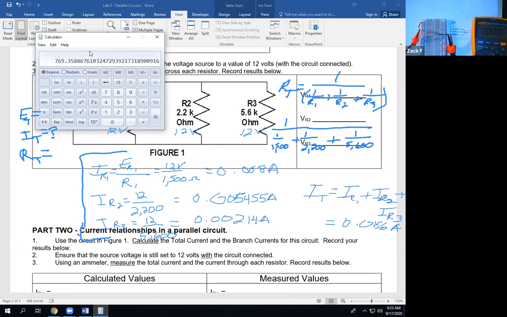That's not right. That's what I got as well. 769 ohms, and it's less than the least value resistor. Okay, that's right. It is right. I'm thinking we need milli ohms. Never mind. I'm sorry. I'm off today.